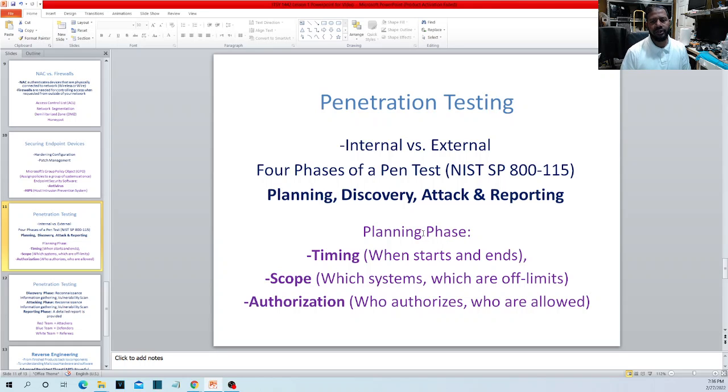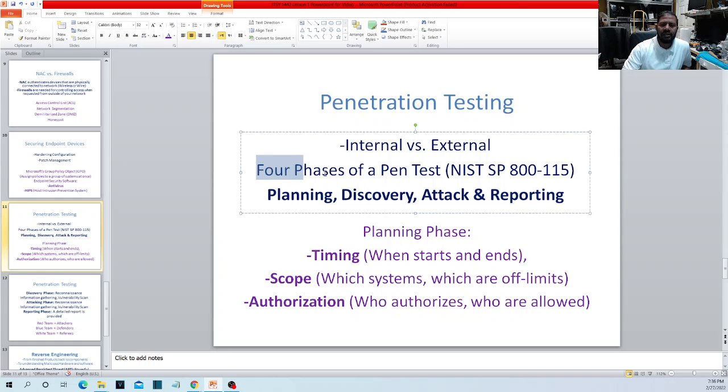Or you hire external people, which is what people normally do. You hire an external team, and they sign a contract with you that they are going to legally, officially try their best to hack into your network, your servers, your resources, and you pay them to do that.